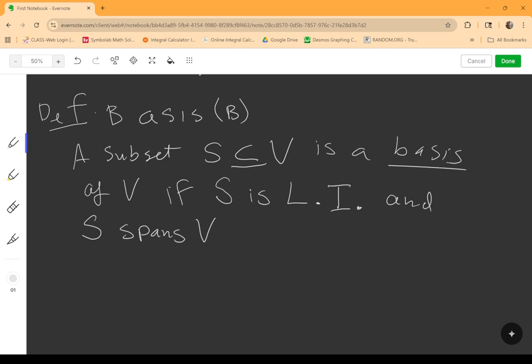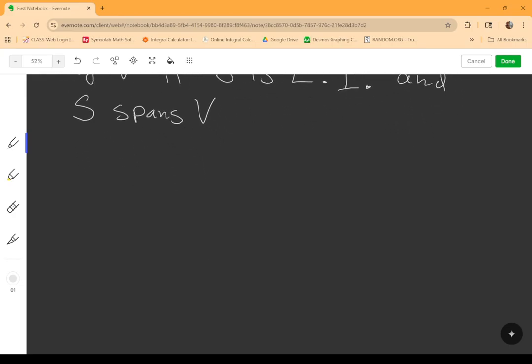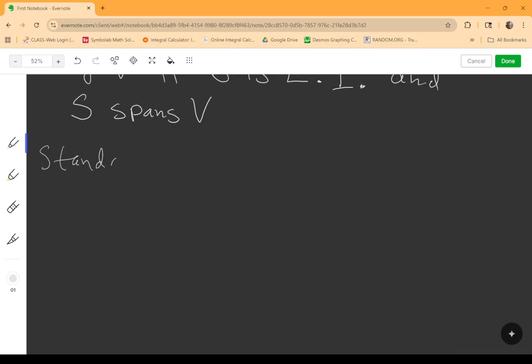Now we do have some standard bases for some of the vector spaces that we work with often. First, let's take a look at our Euclidean m-space.